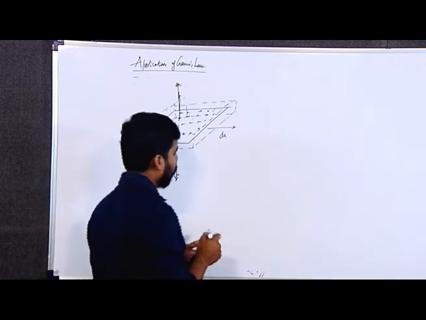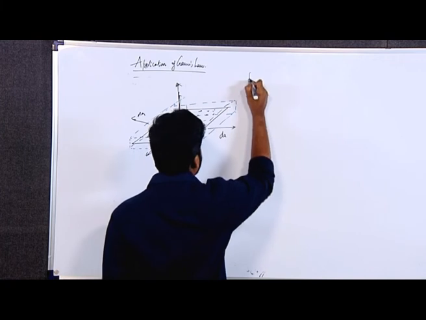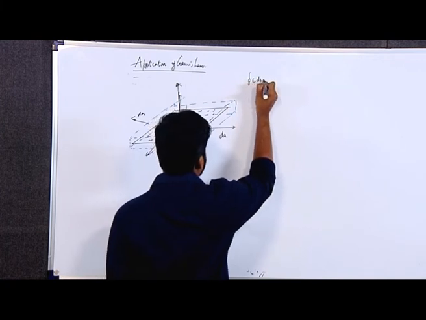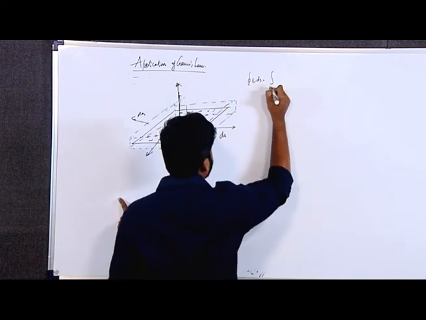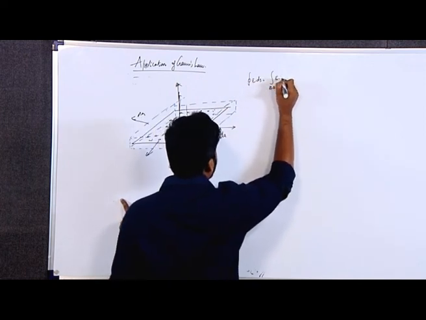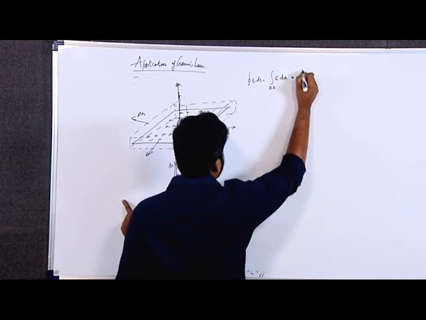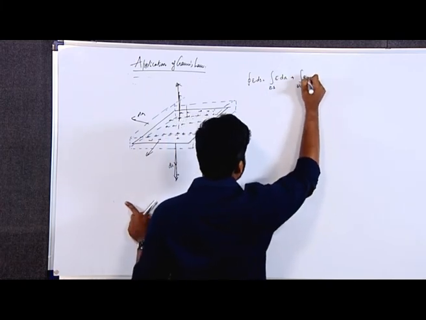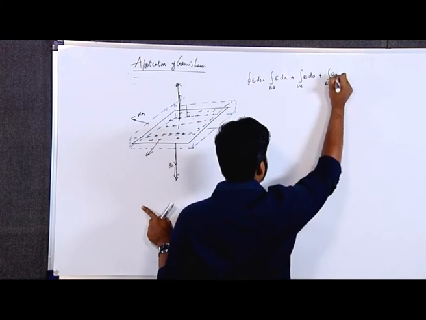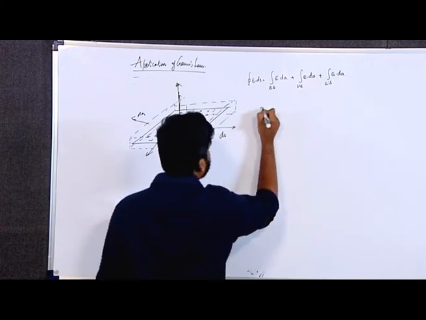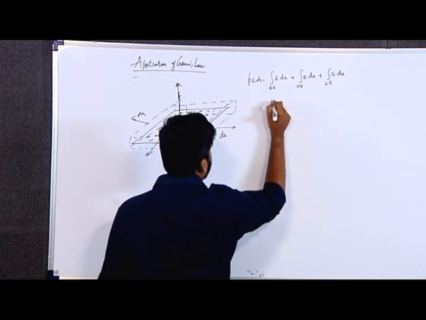So I can write according to Gauss's law, closed integral E dot dA. What is this closed integral? It is the edge surfaces integral of E dot dA, plus the upper surface integral of E dot dA, plus the lower surface integral of E dot dA.